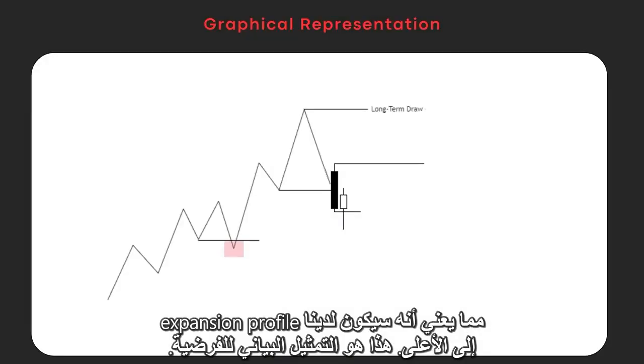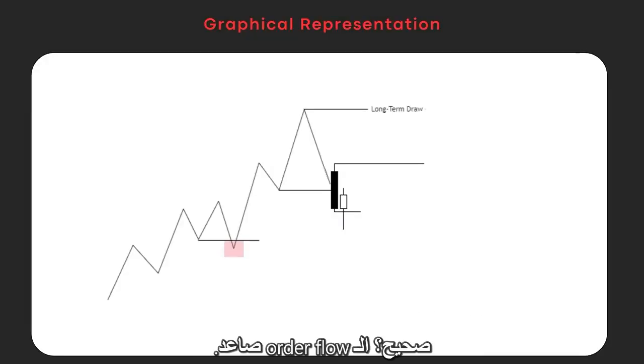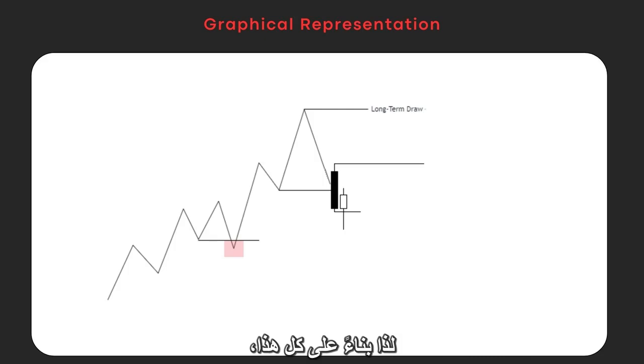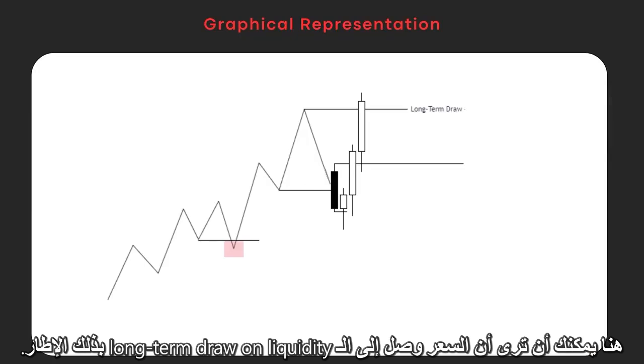This is the graphical representation of the hypothesis, right? Order flow is bullish. We have rejected below a low, and you can see there is a CRT or a candle range present there. So based on all of these, you can see our drawn liquidity is first the candle range high and then the swing high based on this framework. Moving on, right here you can see that price reached the long-term drawn liquidity with that framework.